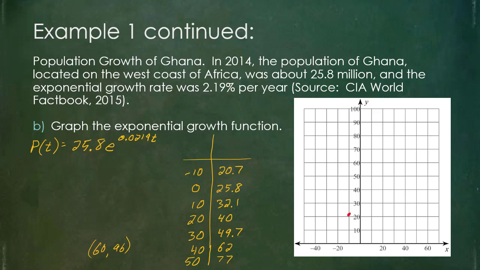Might need to do -20 since that still was relatively high on this grid. 0 was at 25.8, so just put that about halfway. 10 is at 32. 20 was at 40-ish. 30 was up at 50-ish. 40 was up at 62, so a little bit of that growth is starting to happen. It's starting to go up a little bit faster. 50 was up at 77. And 60 was all the way up at 96.